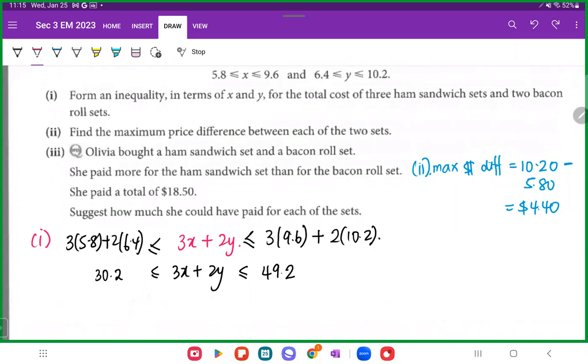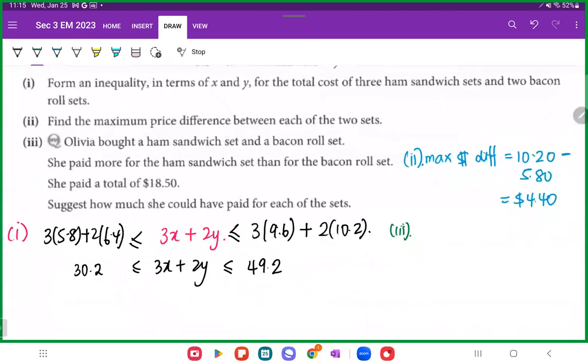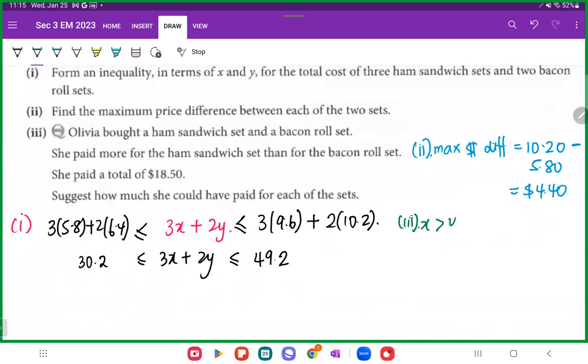Part 3, right? Part 3 is an open-ended question. There's a lot of variations. As long as your ham sandwich set is more than the bacon roll set, you are fine. So as long as your x is greater than y, you are fine.